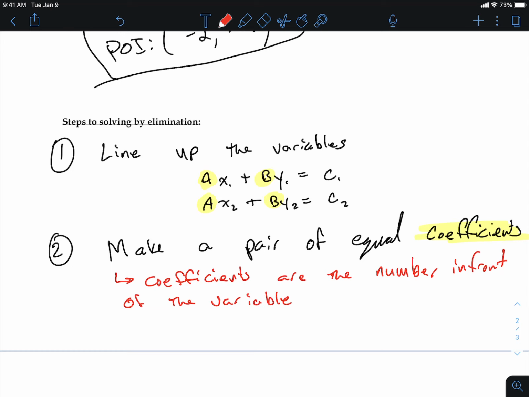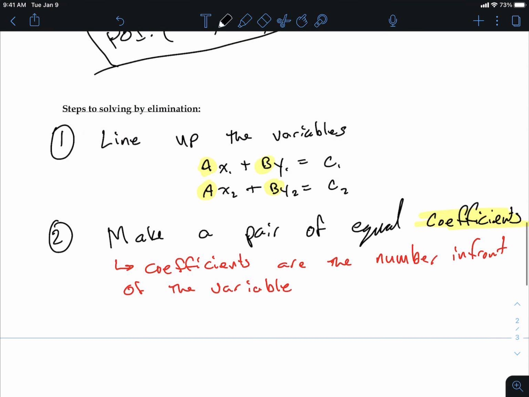You guys can write that down if you need it. Then, third step is what?